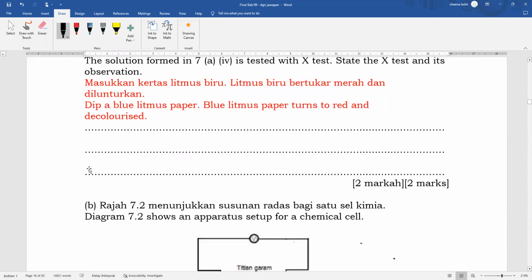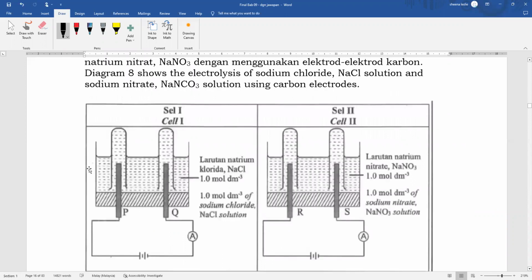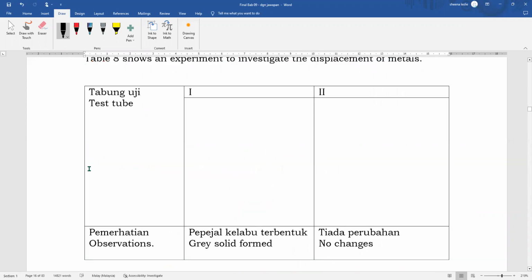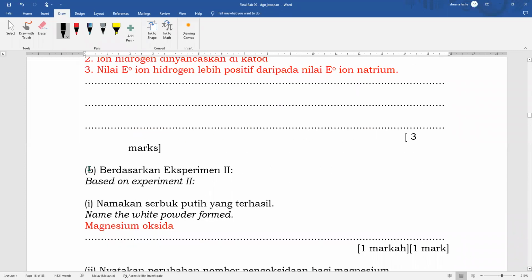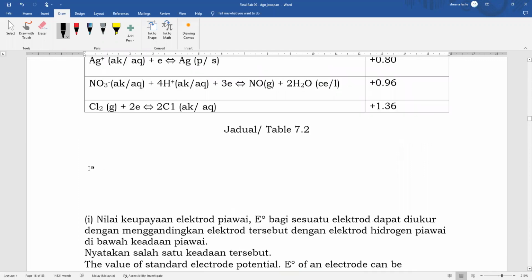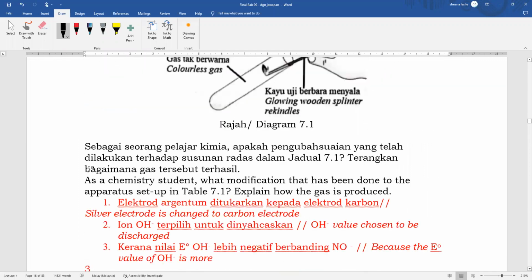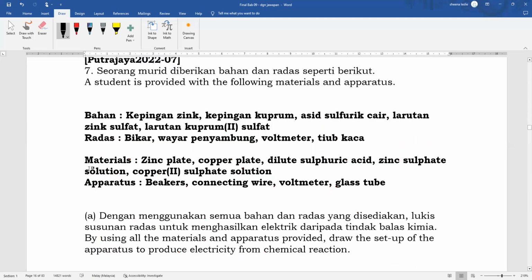I think it's this one. But I think I will skip this one because there's another one that y'all can do. Not this one either. It's a lot of electrolytic this year. Can y'all find it? I think we are coming to it. Okay, here.